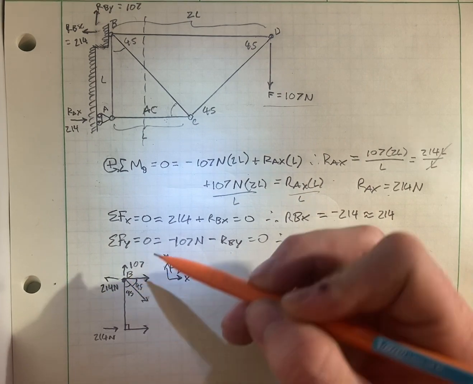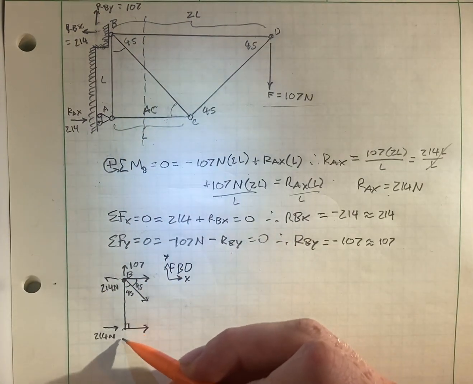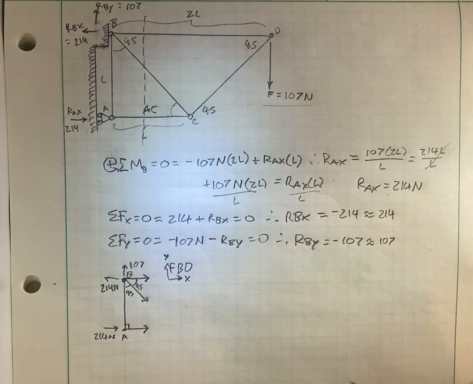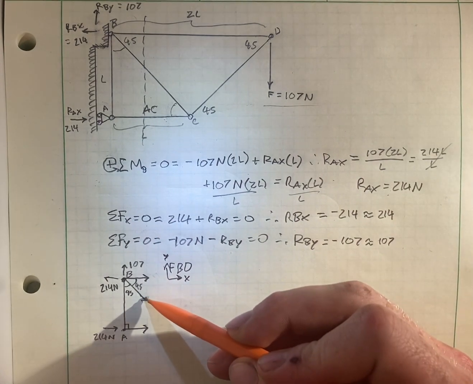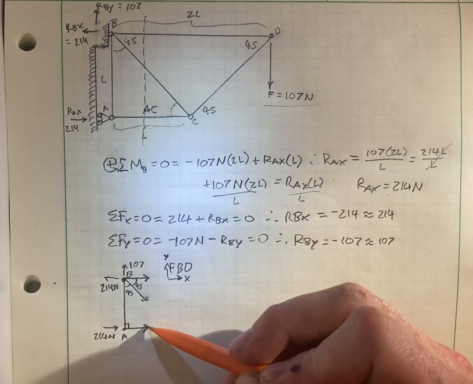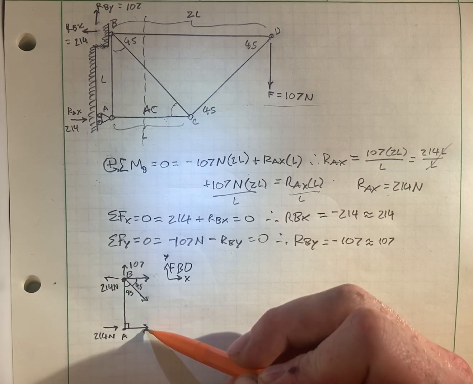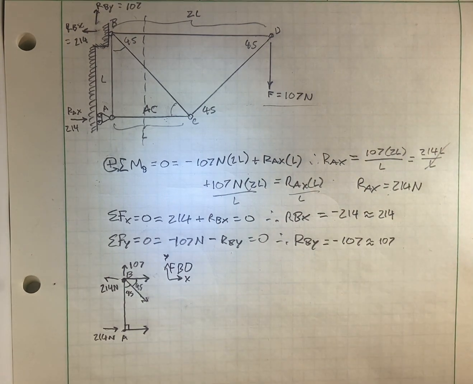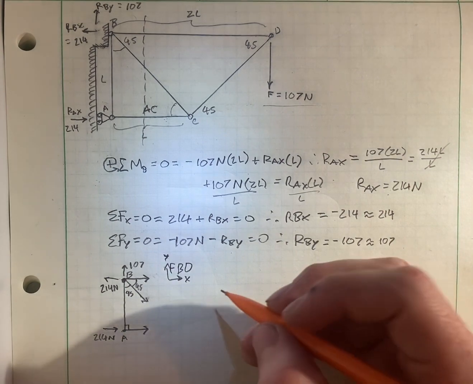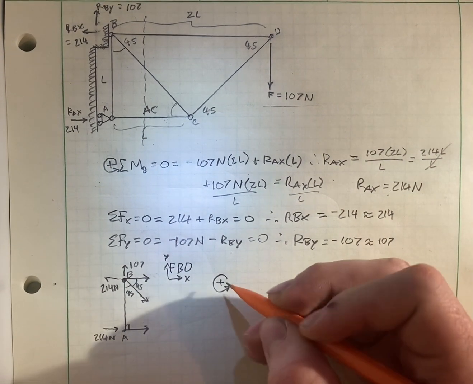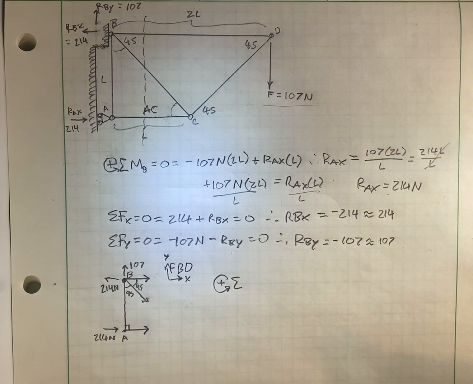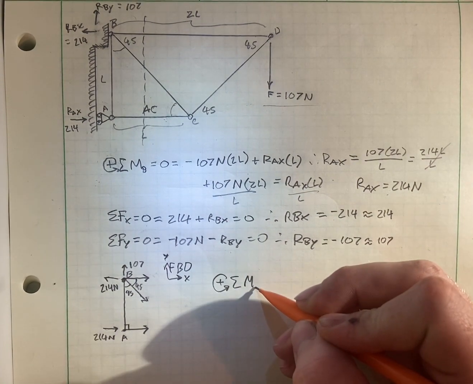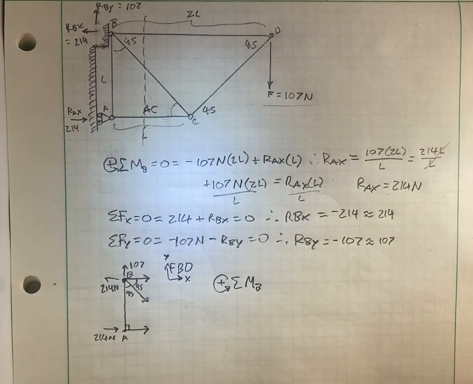That's B from up there, and this is A. I'm gonna sum moments about B. That way it gets rid of these two unknowns and it leaves us only with this one, and that's the one we want. So pretty cool, pretty easy. So let's do that. Again, I'm making the sign convention the same way, positive as counterclockwise. Sum the moments about B once again.